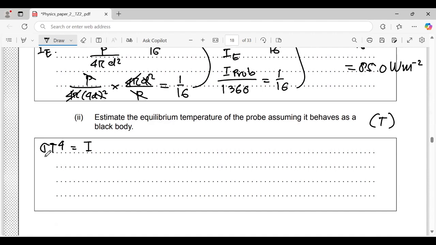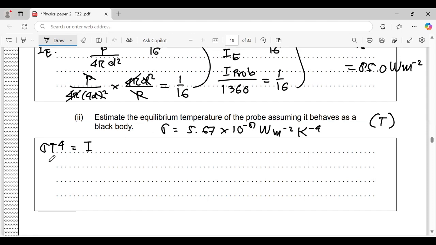Sigma is the Stefan-Boltzmann constant, 5.67 times 10 to the power minus 8 watt meter to the power minus 2 K to the power minus 4. K is Kelvin.